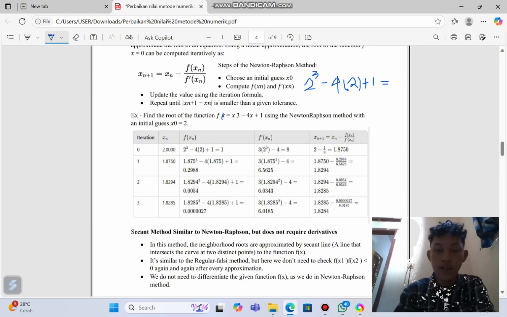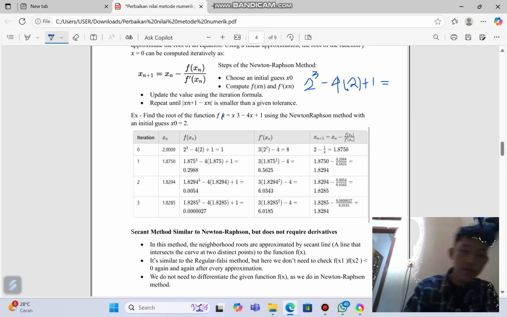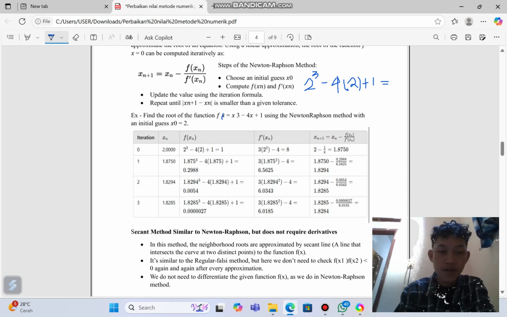After this, we can get the value of the substitution of 2 into the function, which is 1, like this.